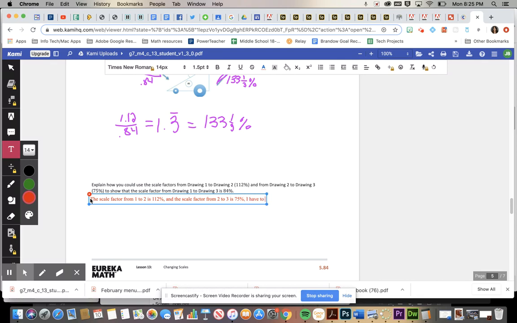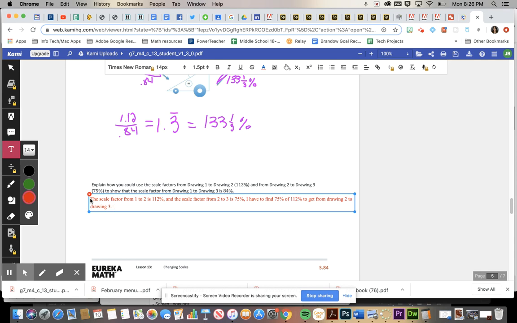I have to find 75% of 112% to get from drawing 2 to drawing 3.